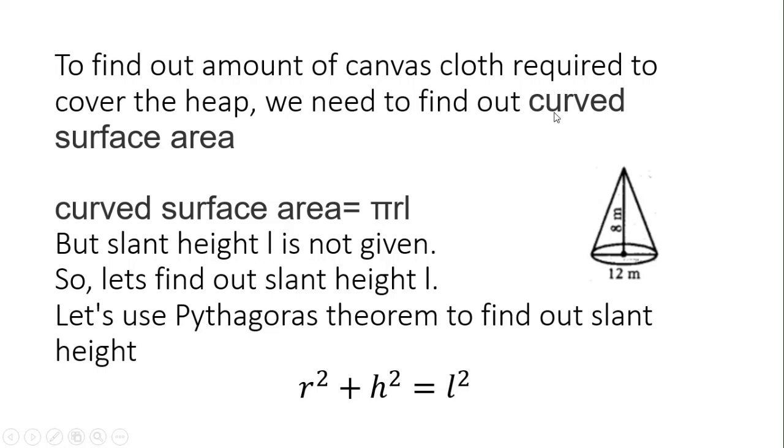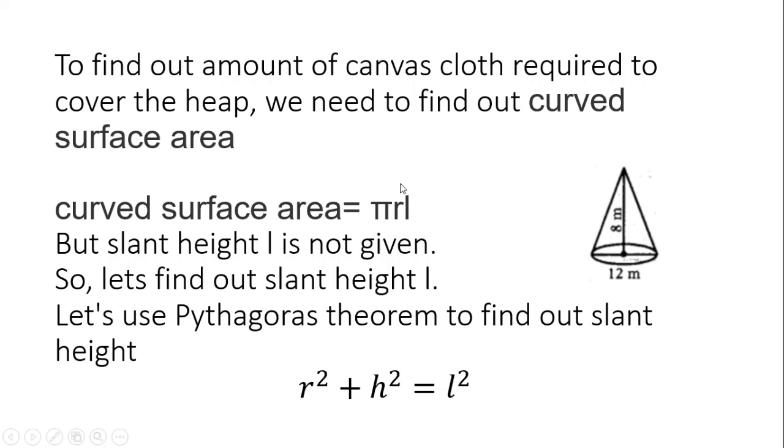So when we find the curved surface area of that conical shape, definitely we can find out the amount of canvas cloth required completely. But what is the curved surface area of the cone? It is nothing but pi r l, where l is the slant height.